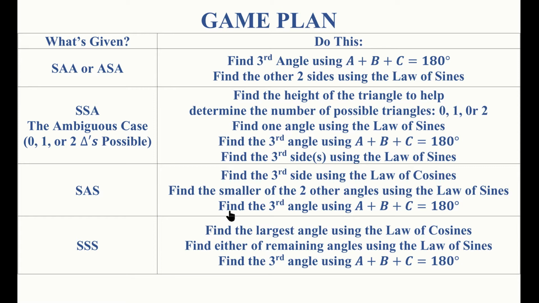And for the third angle, we'll just use the triangle sum identity again. For SSS, we'll find the largest angle using the law of cosines. Then we'll find either of the remaining angles using the law of sines, and for the third angle, we can just use the triangle sum. Okay, so that's basically where we're headed.